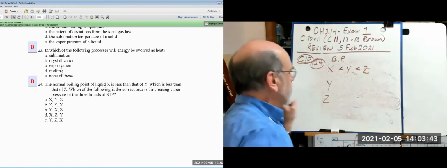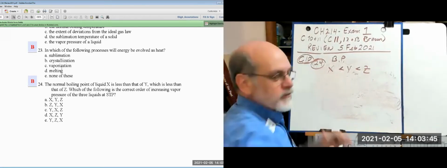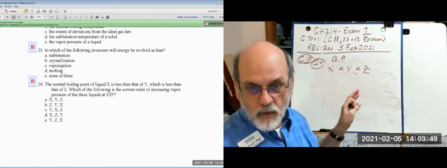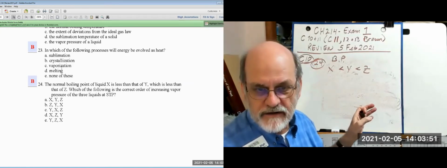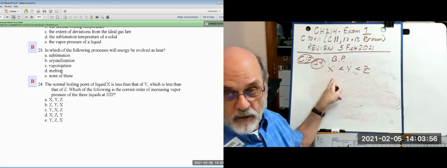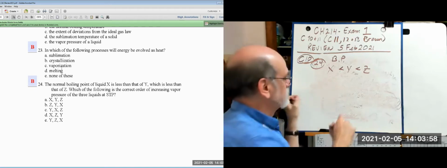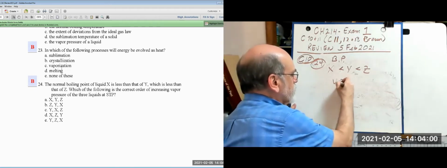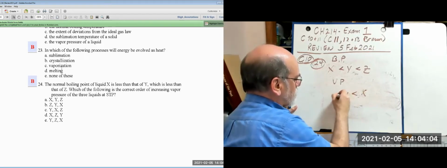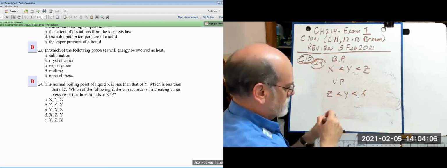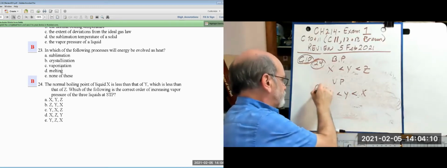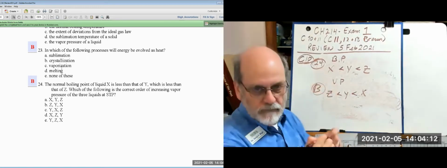Yes. Okay. So if those boiling points are less, which is the correct order of increasing vapor pressure? The lowest boiling point will be the highest vapor pressure, right? So the vapor pressure should be the other way around. ZYX, which is B.